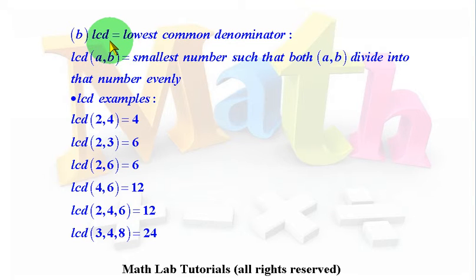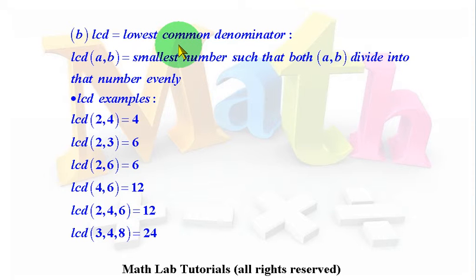we need to discuss an important concept called the lowest common denominator, LCD for short. Sometimes the lowest common denominator is also called the least common multiple or the lowest common multiple. But because we're dealing with fractions and we're used to denominators, we'll just call it the LCD.